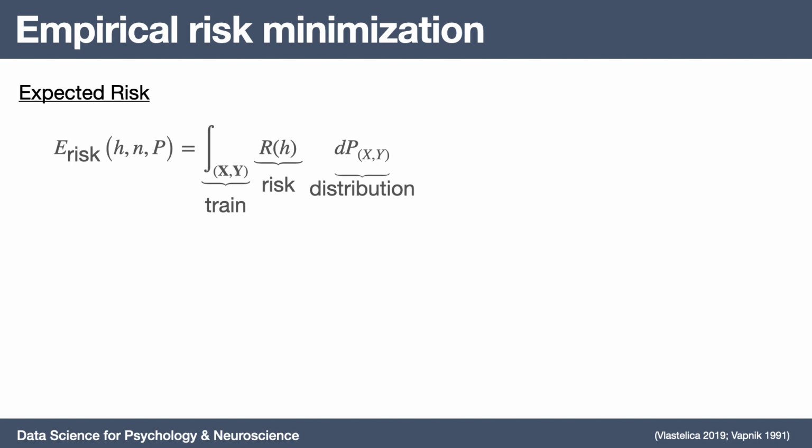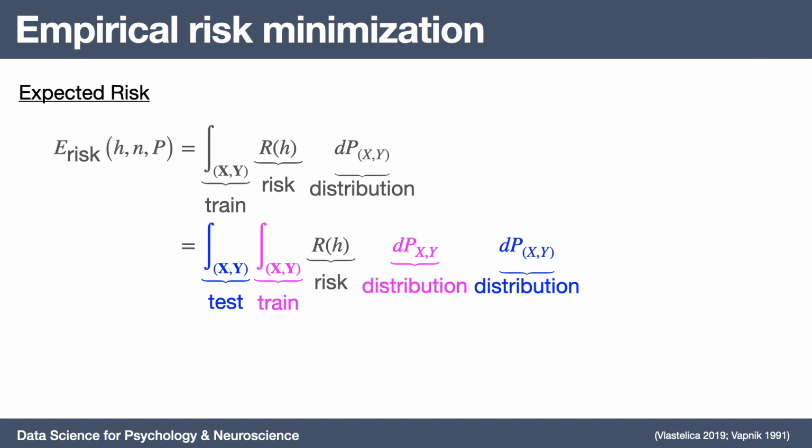But in statistics and machine learning, we don't stop at this one distribution. Actual empirical risk involves integrals over two distributions of data. The first distribution, shown in magenta here, is the training distribution. It's the same as what I showed above. But you also have to calculate this risk for true ERM over a second distribution of data. We call this the test distribution. That's shown here in blue.